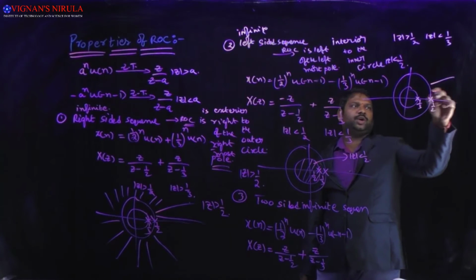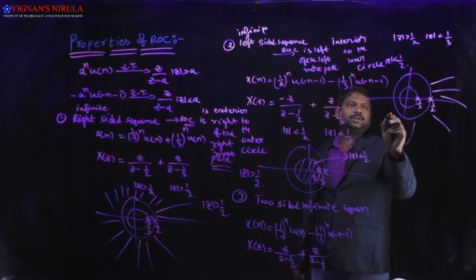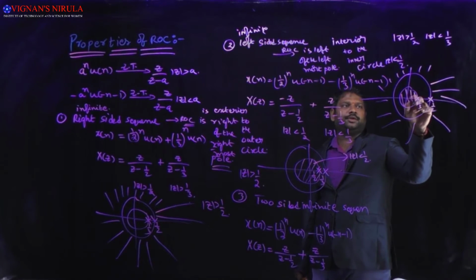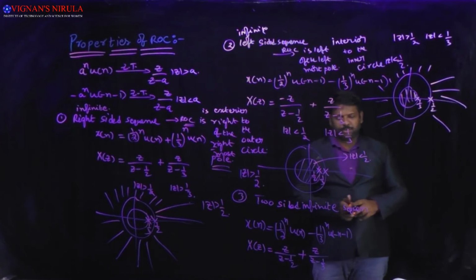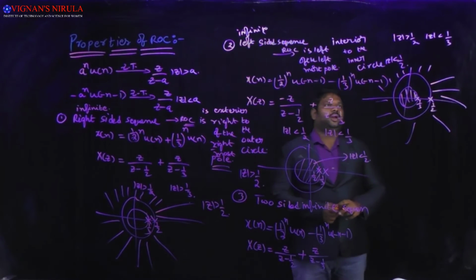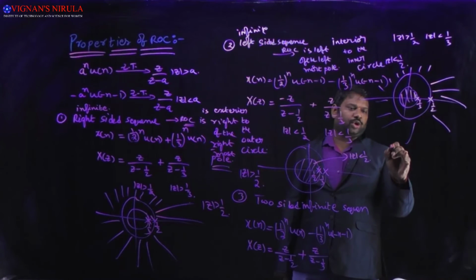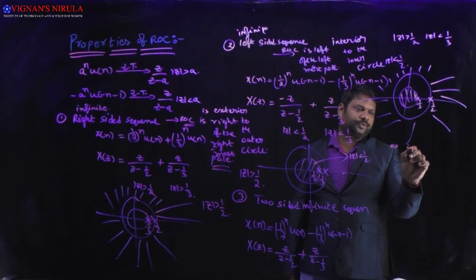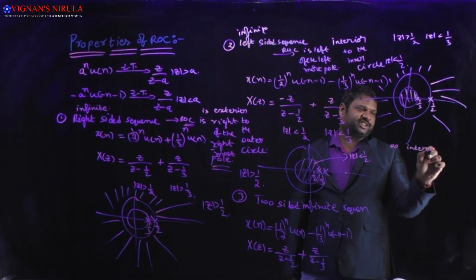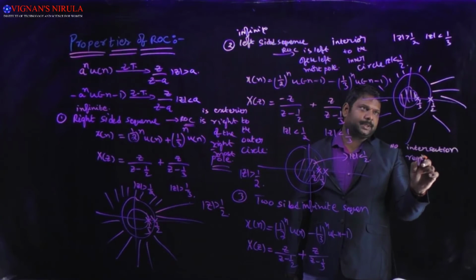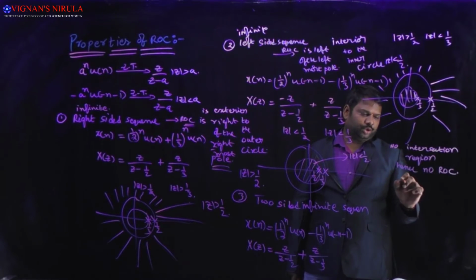One is this one part and another one is this one. Mod z less than 1/3 and mod z greater than 1/2. There is no intersection region, hence no ROC, no Z transform.